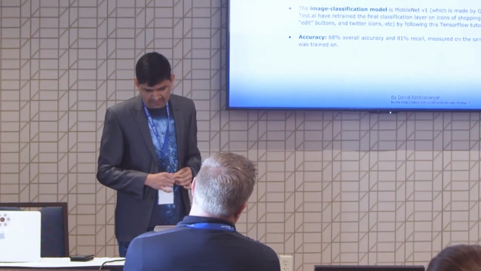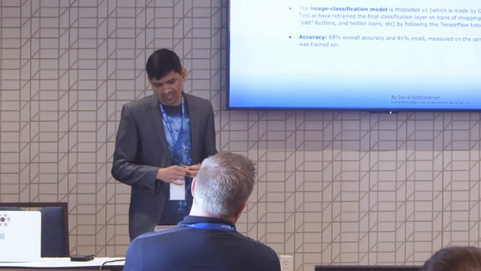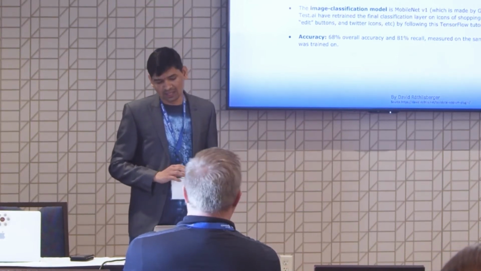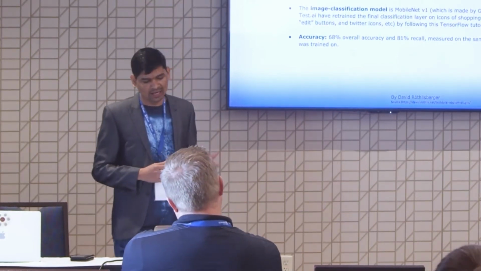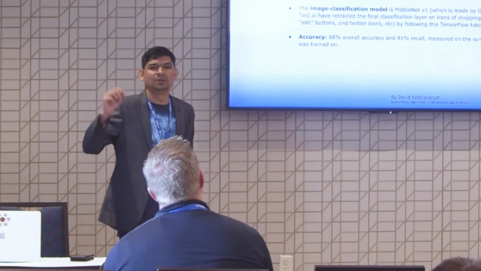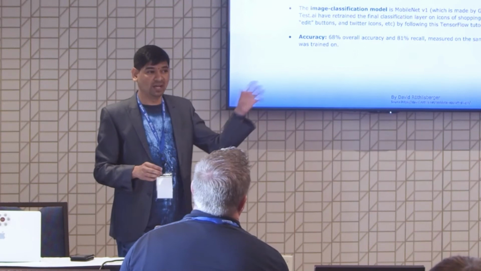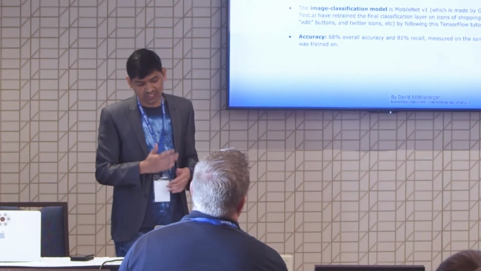The test.io classifier has a pre-trained model with some labels. There are 105 labels, for example, cart, edit, Twitter, Google image, left arrow, right arrow, these kinds of mobile app icons. And that model is already trained on that.